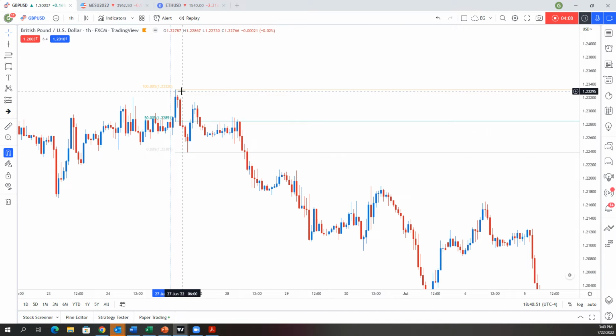When I'm looking for price mode continuation, places where I'm expecting this lower high if I'm in a downside, or the higher low if I'm to the upside, I'm always going to expect it to be above 50%. Why does that matter?